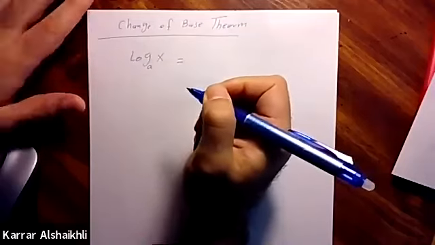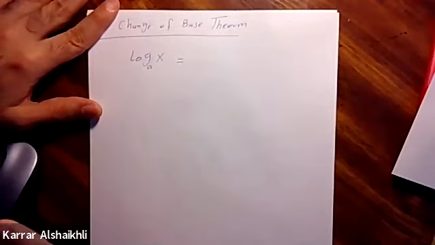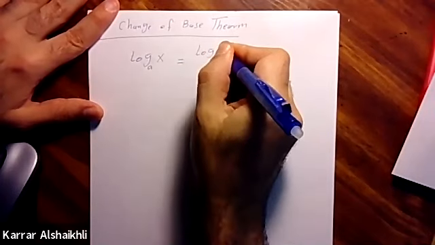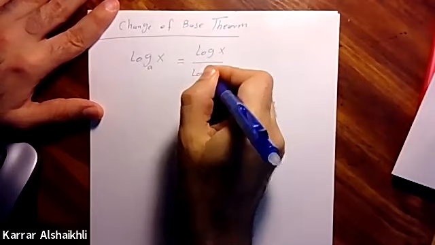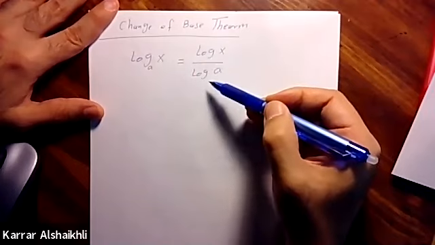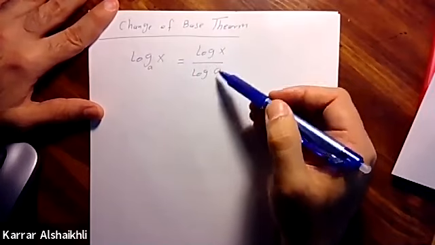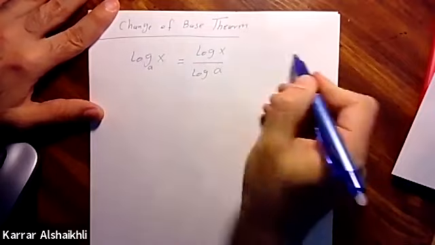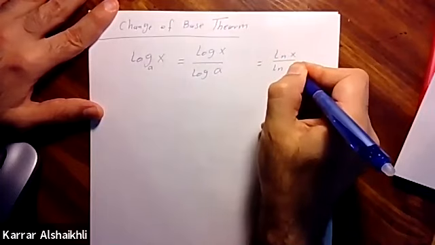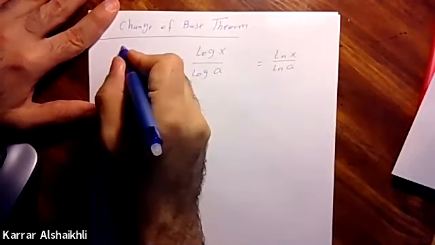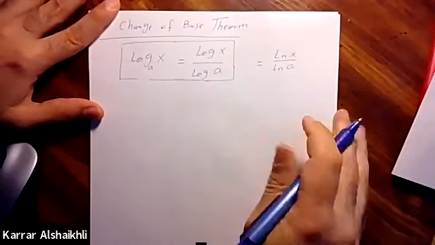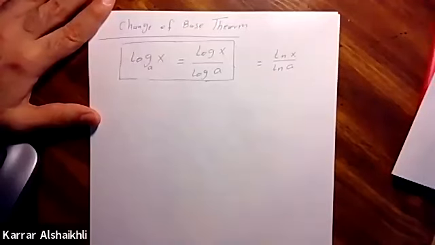How am I going to find the result? It's easy. I'm going to use this rule. I'm going to say log of x over log of a. That means the base here is 10, the base here is 10. I don't have to worry about the base. Or I can say ln of x over ln of a. But I'm always going to use this rule because they're going to ask you to use the change of base theorem.